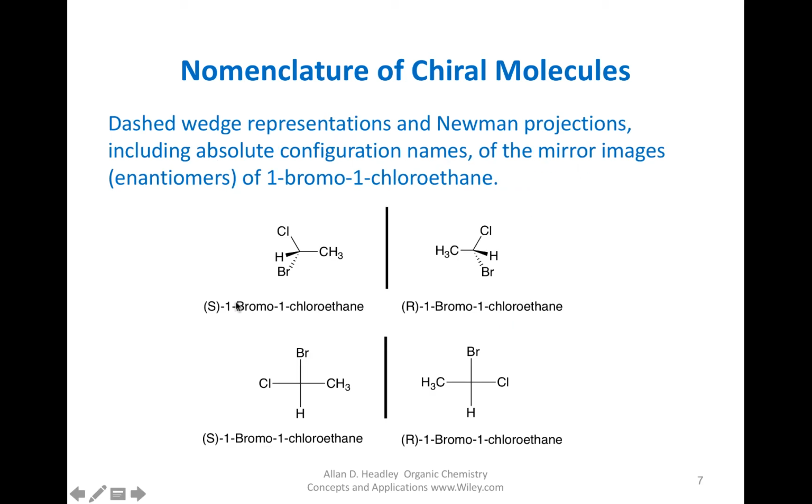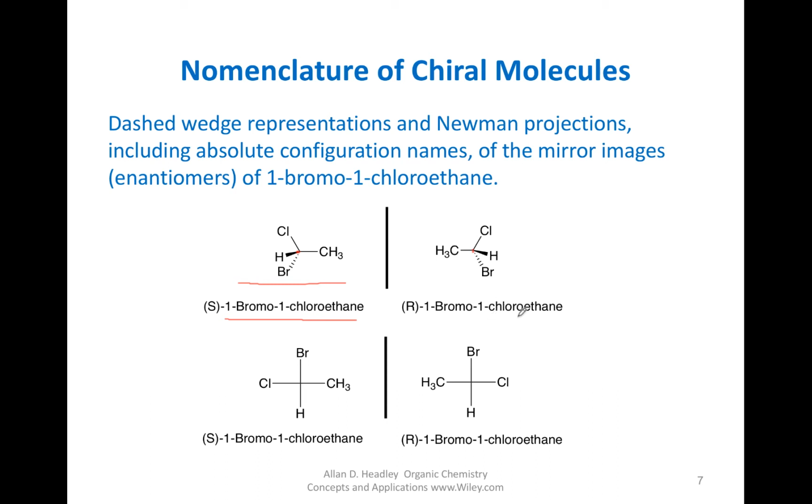Okay, let's see if we can apply this information here. So here we have a molecule, and it's 1-bromo-1-chloroethane. 2 carbons, ethane, and this is carbon number 1, so 1-bromo-1-chloro, pardon me, because B comes before C. And here is the same molecule, 1-bromo-1-chloroethane.